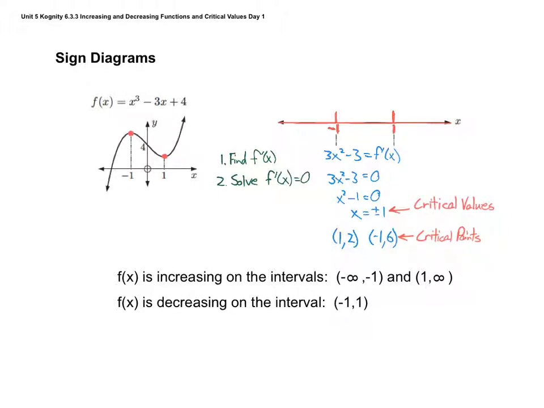Now that we've solved it, we put the critical points or critical values on a number line.